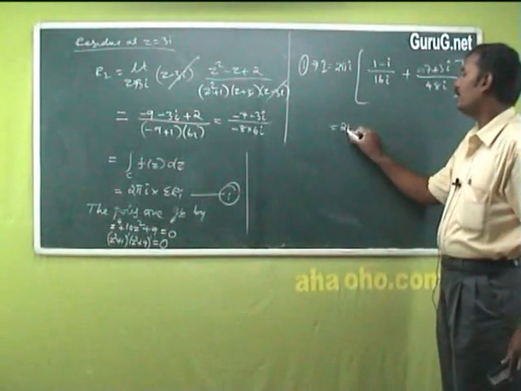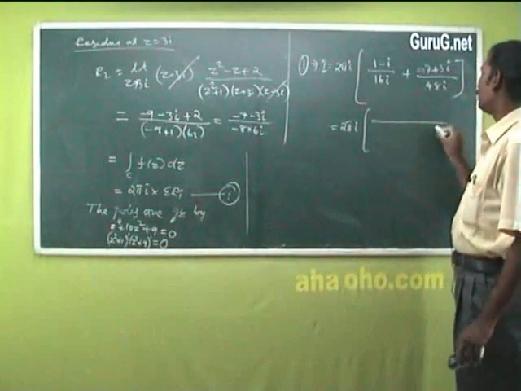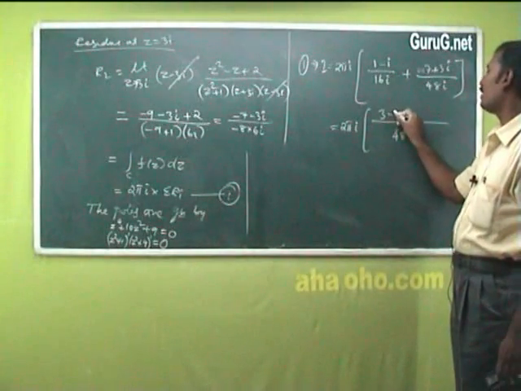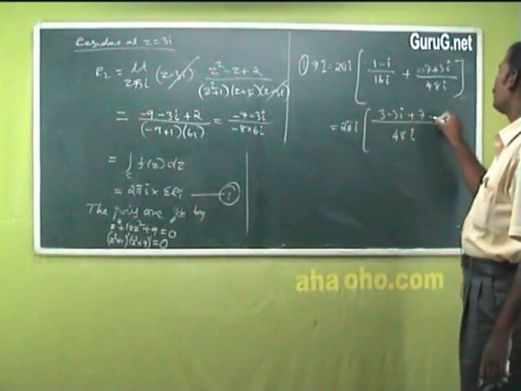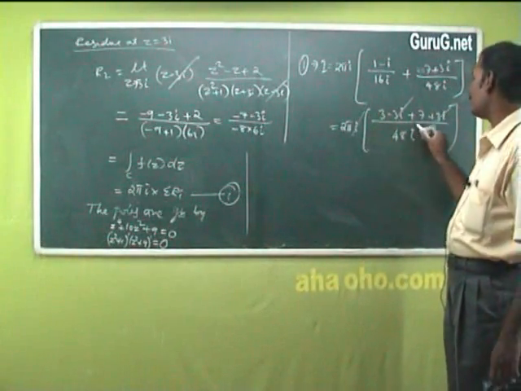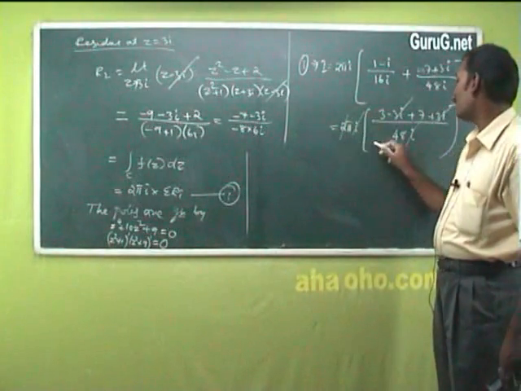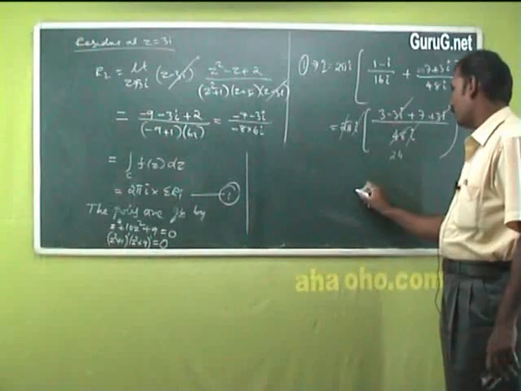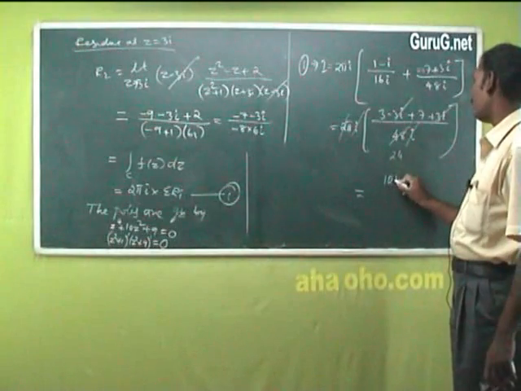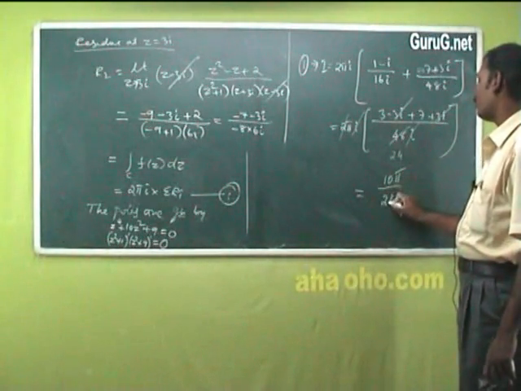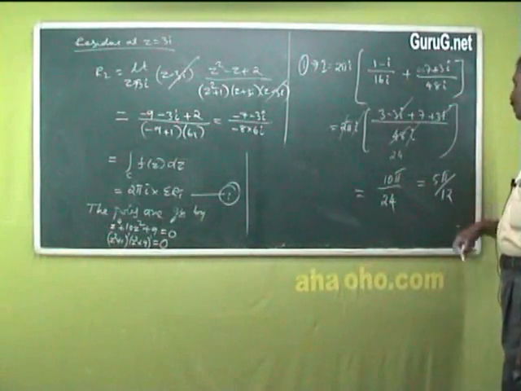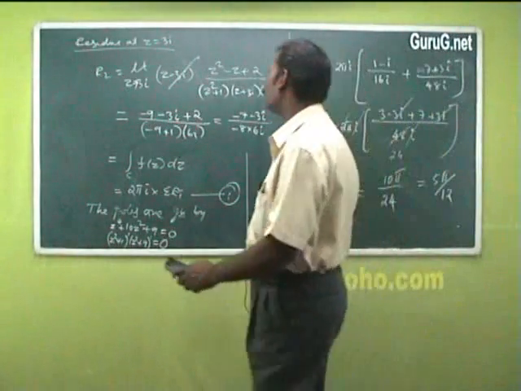So 2 pi I into, over 48i, 3 minus 3i plus 7 plus 3i. The 3i gets cancelled, so this I gets cancelled. Two into 24, and 3 plus 7 is 10. So 10 pi by 24. Simplified, we get 5 pi by 12, right?